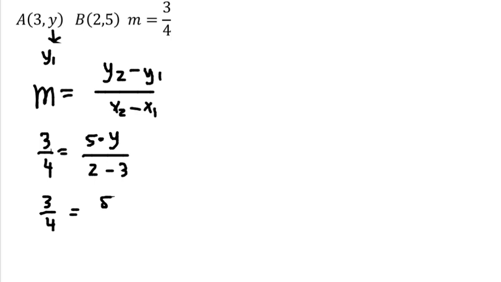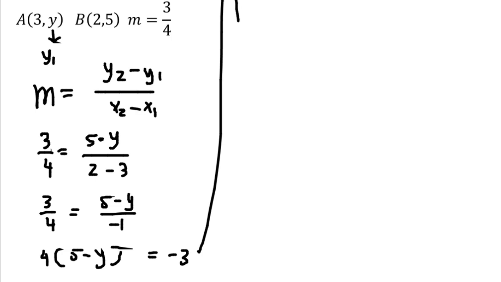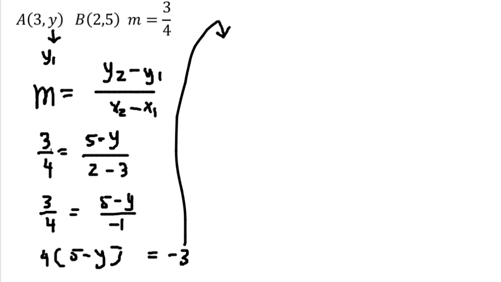So now what we can do here is just basic algebra manipulation. We can just cross multiply this, so we will get this thing. And then negative 1 times 3 is going to be negative 3. That was too much, sorry guys. So we're going to distribute the 4.